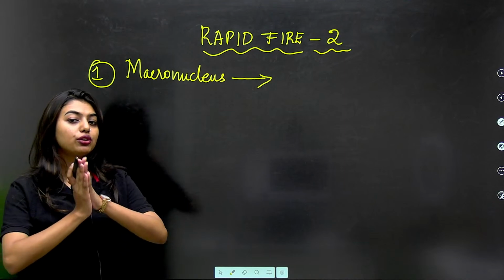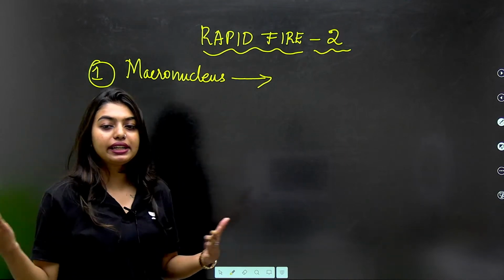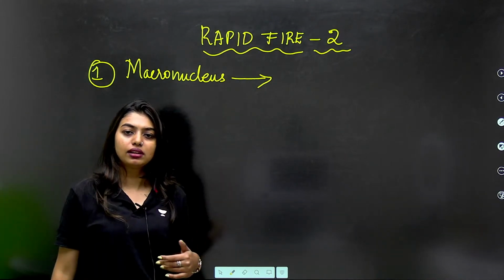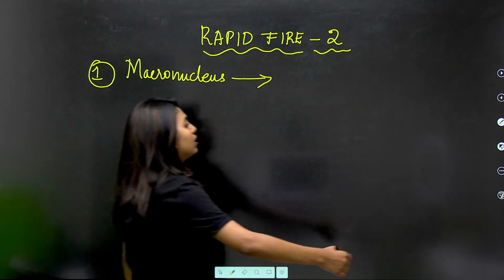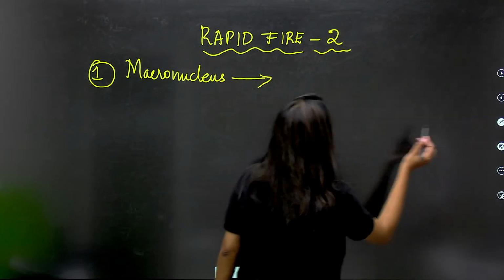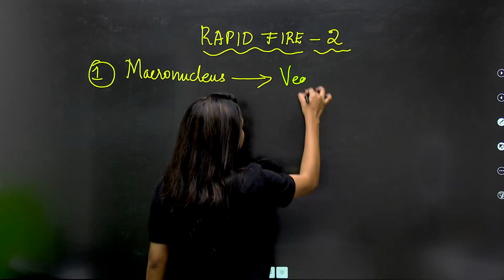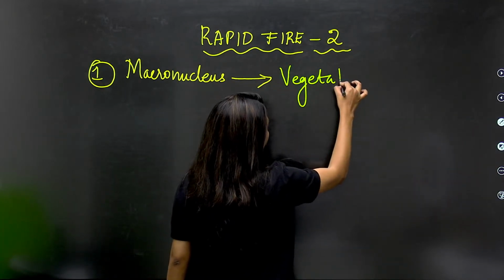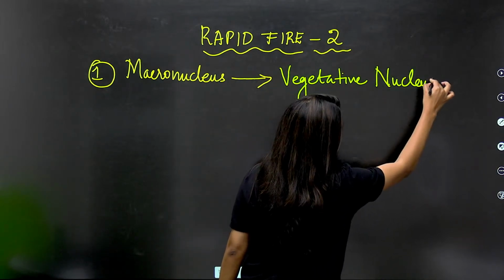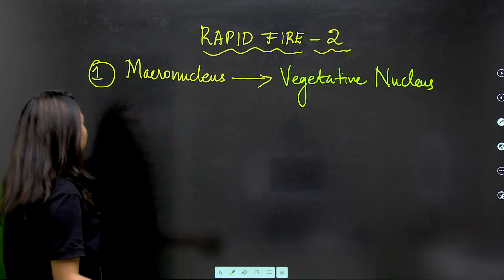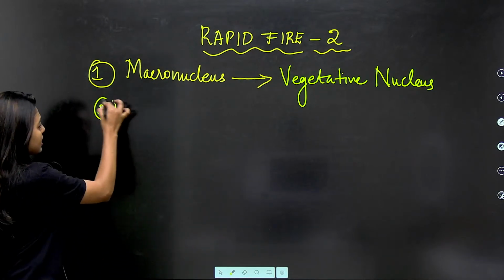I'm not going to look at your messages if you're waiting to type for another person. Yes, Nandini has answered first. I've picked her name. So, vegetative nucleus, right? Vegetative nucleus. Fine. Second question.